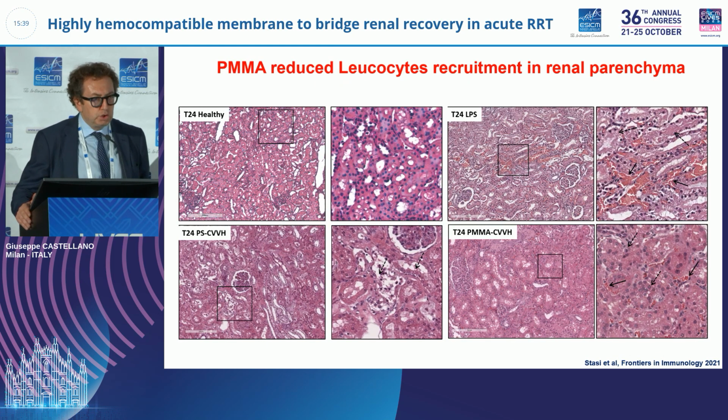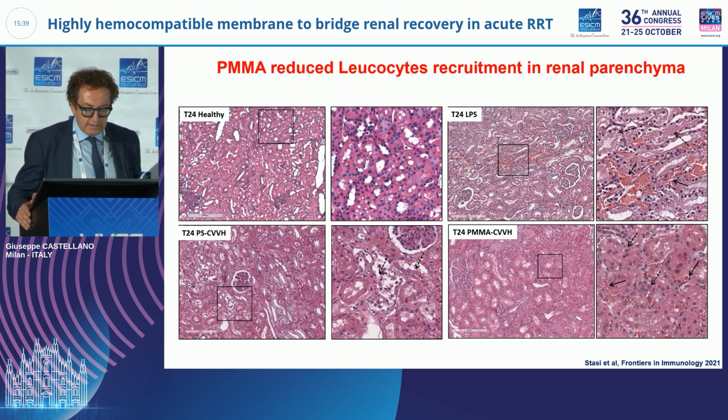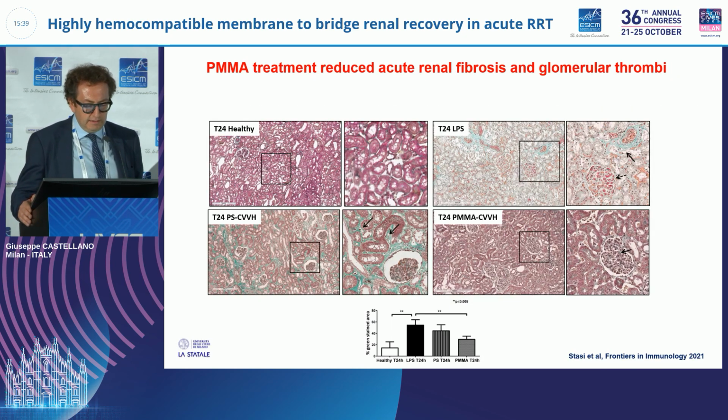But next to functional data that are really interesting, we can see that the infiltration of leukocytes in CVVH using PMMA is really less. So when we use polymethyl methacrylate CVVH, we have reduced leukocyte infiltration into the kidney.